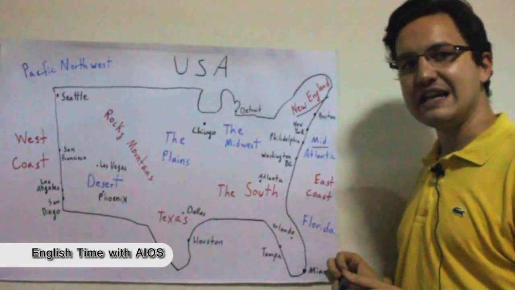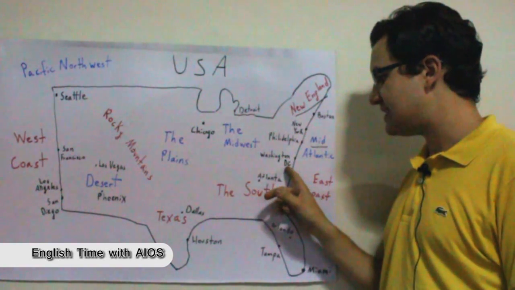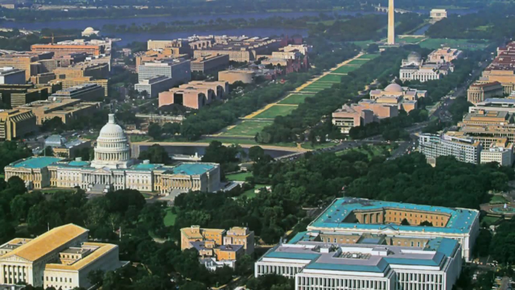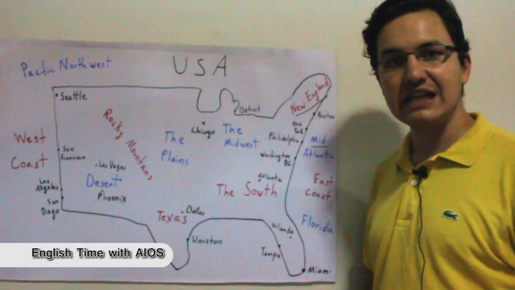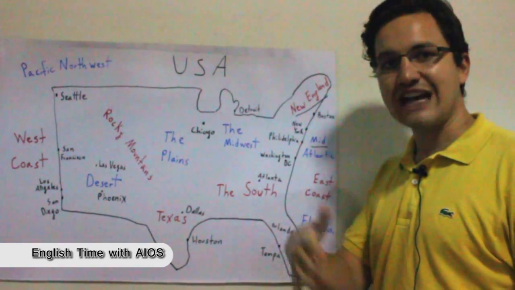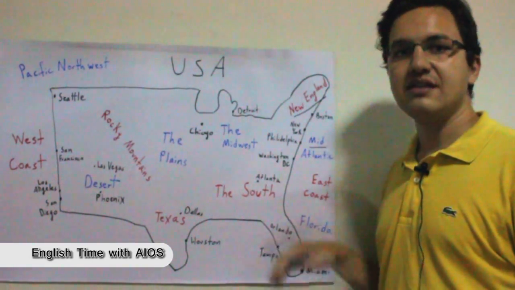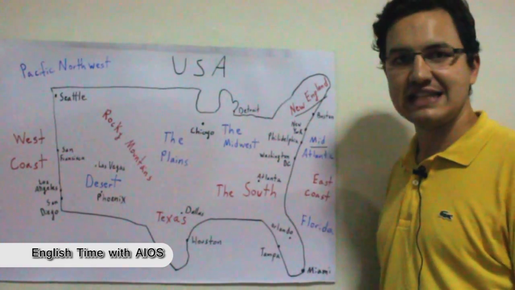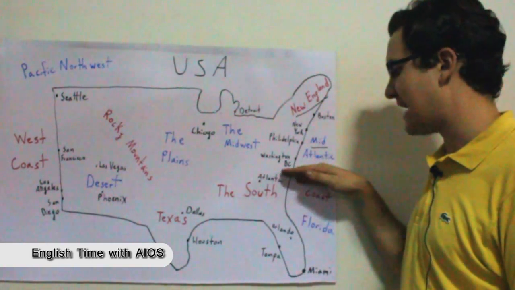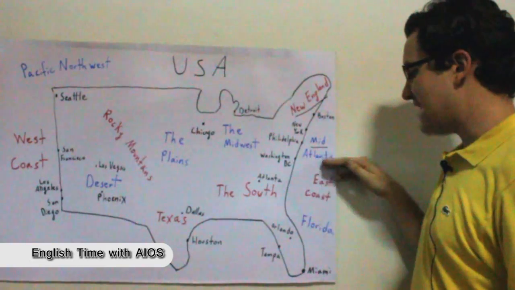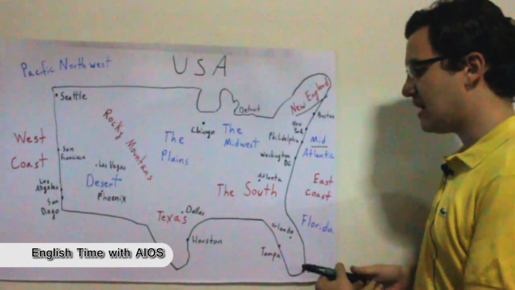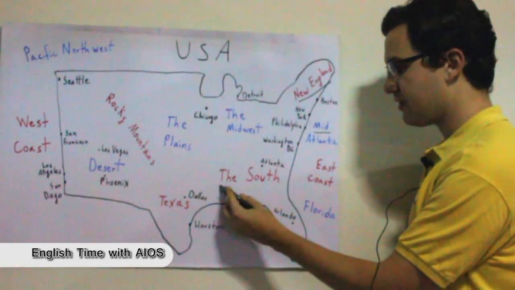The major city in the mid-Atlantic is Washington, D.C., the capital of America, where the president lives, where all the national laws are made, the home of the FBI and the CIA. It's America's capital.